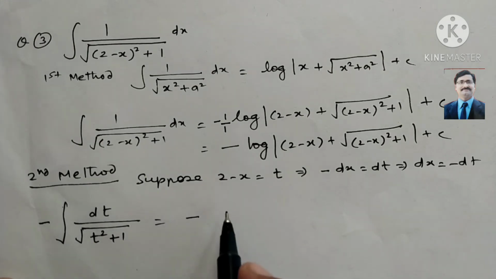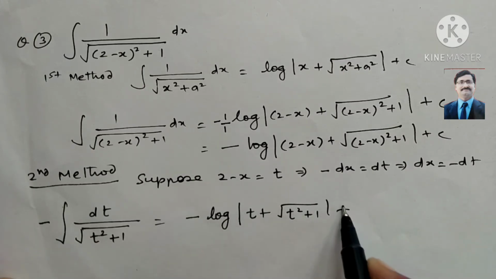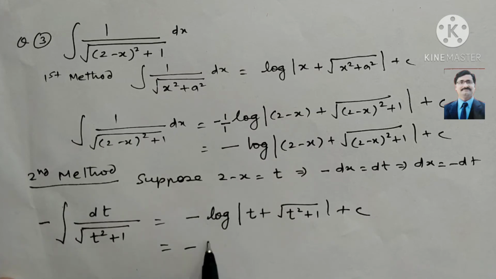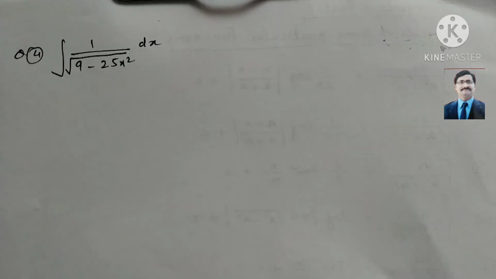Now we can write minus log of t plus root of t square plus 1 plus c. Now in place of t we can put the value again: 2 minus x plus root of (2 minus x) whole square plus 1 plus c. So look here, in both methods we get the same answer.